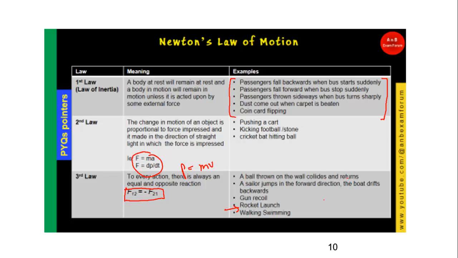If you throw a ball and it returns back, it is the third law, because the ball hits the wall with a force, and the wall is also hitting back with the same force. A sailor jumps in the forward direction and the boat drifts backward. Gun recoil, walking, swimming, all such examples are examples of the third law of motion.